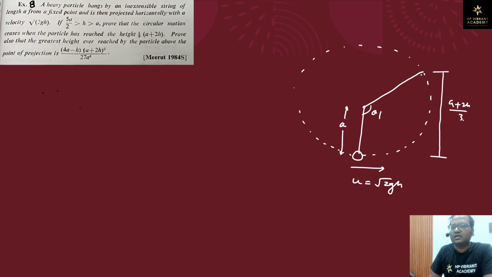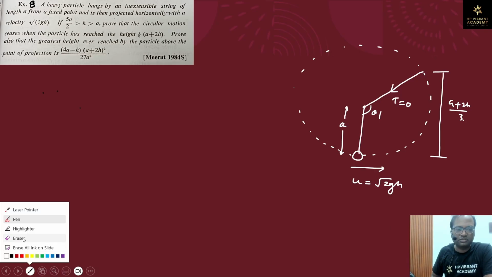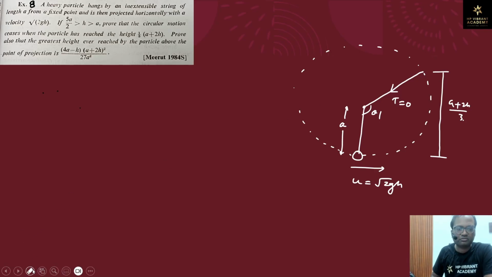Here the circular motion ceases. This means the tension in the string will become 0. We have already seen in various cases that when the tension in the string becomes 0, it loses the circular path and carries out a parabolic path like this.